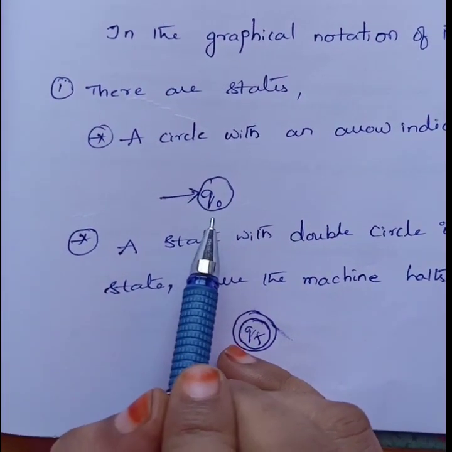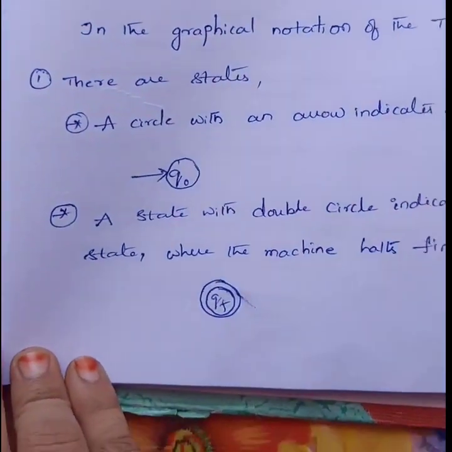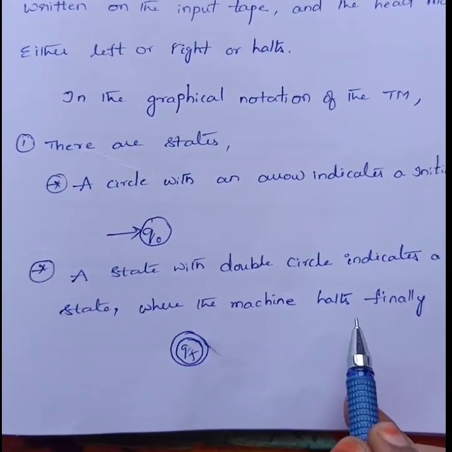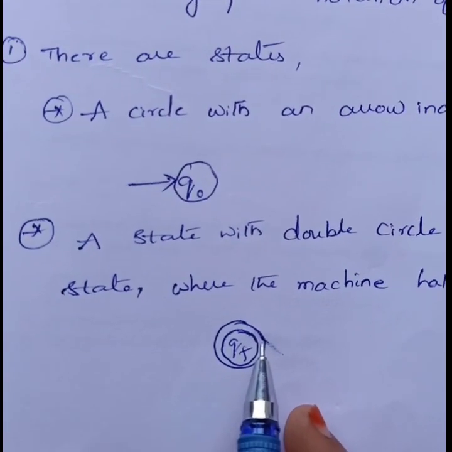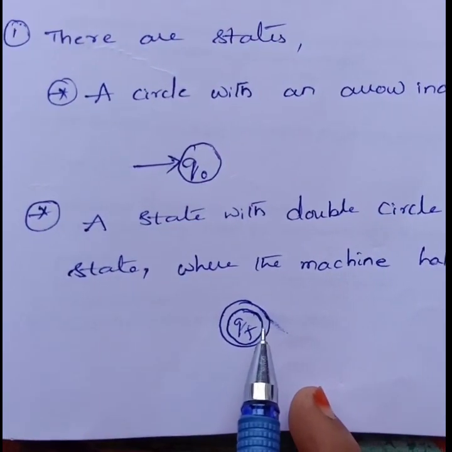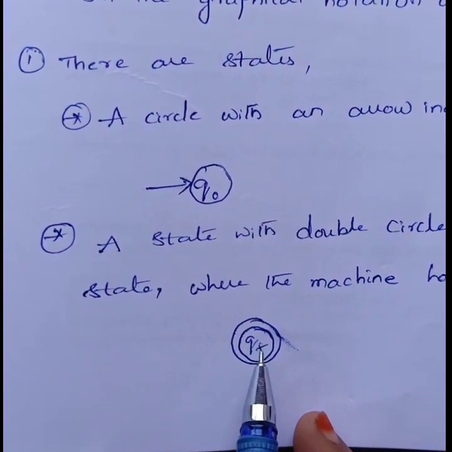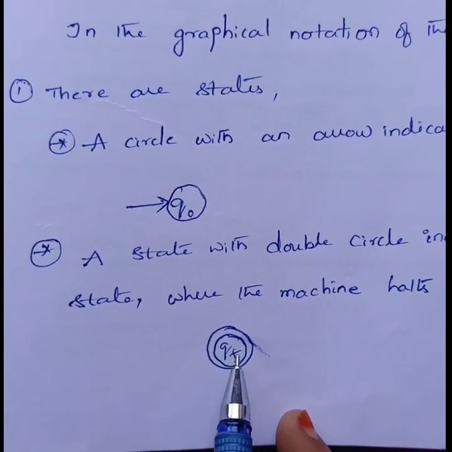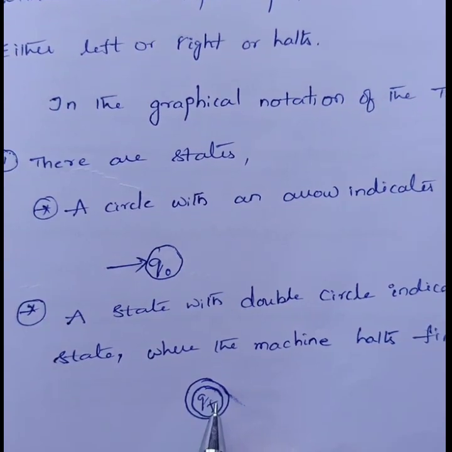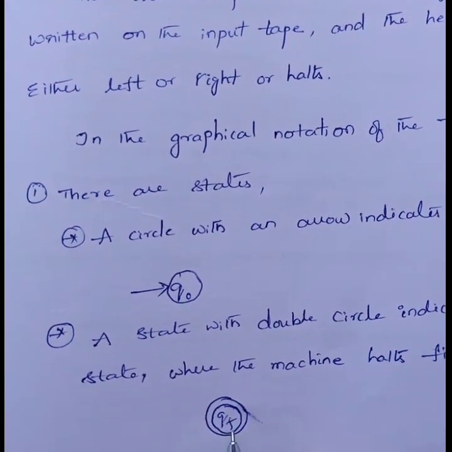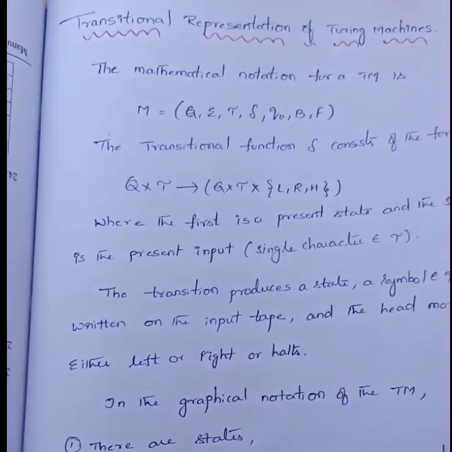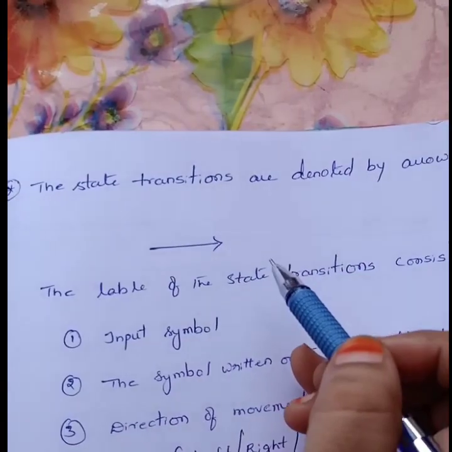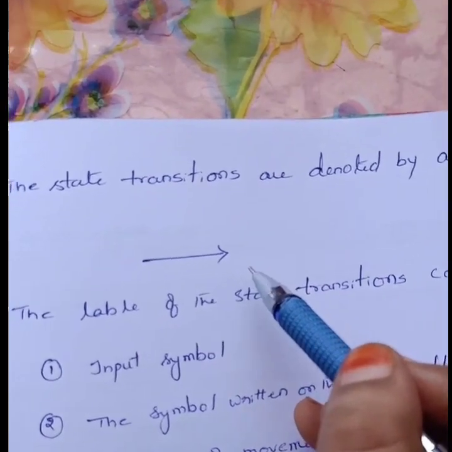A state with a double circle indicates a final state, where the machine finally halts. When a string is traversed and finally reaches the final state, then the string is accepted or rejected. QF is the final state. One more thing is the arrow: all the transitions are denoted with arrows.